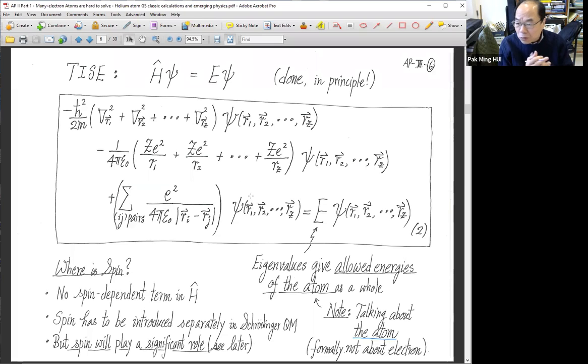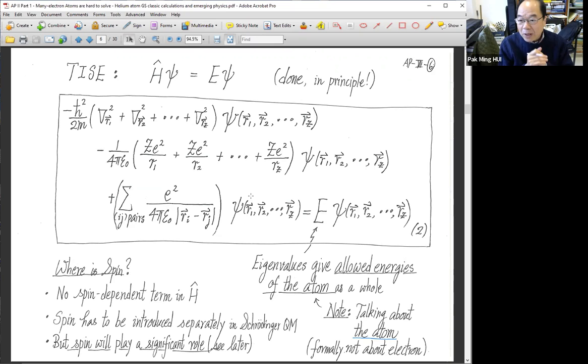I think it's now up to element 118. But beyond 92, those are short lifetime atoms. We can make them in a lab, but on Earth, naturally, you cannot find a place where you can dig out such an element or its compounds.